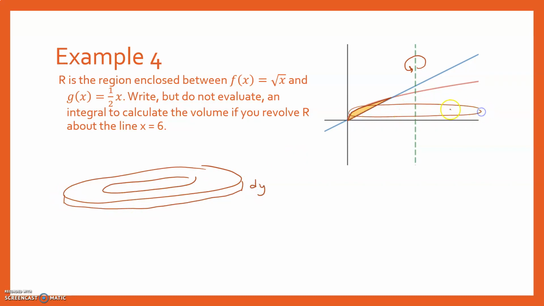So our shape goes like this. And the inside radius is caused by the line, but it's not the line. It would be the x-coordinate of this thing. So let's go ahead and solve that for x. It would be the x-coordinate, but not really, because it's going to be 6 minus the x-coordinate.